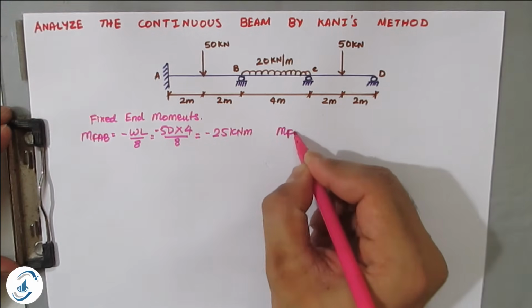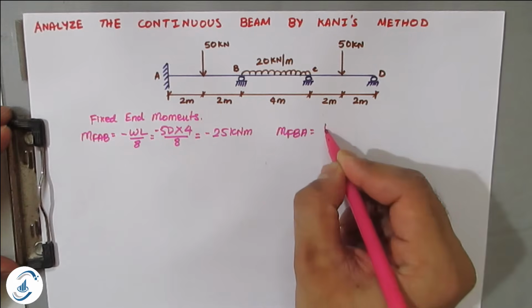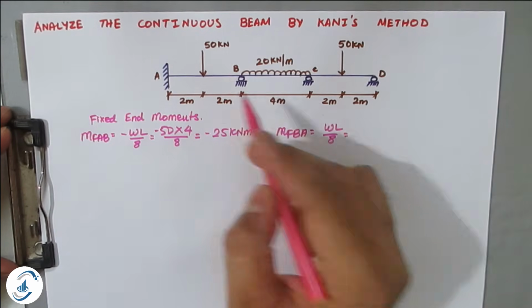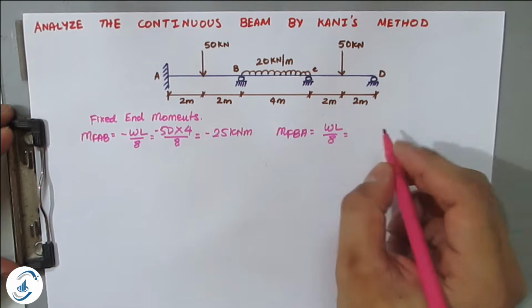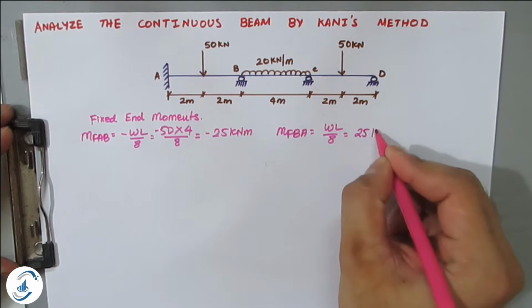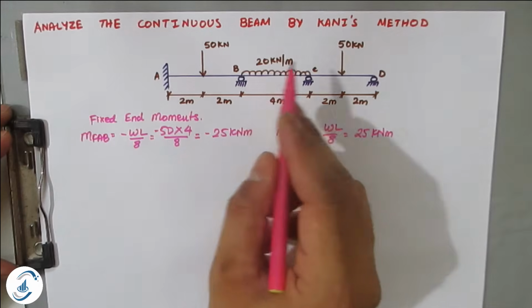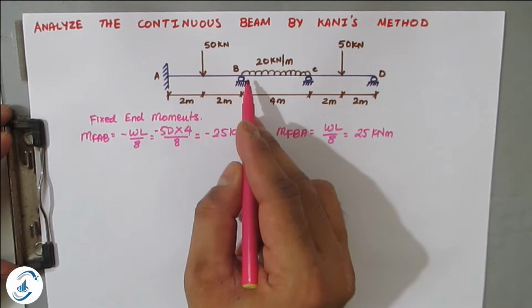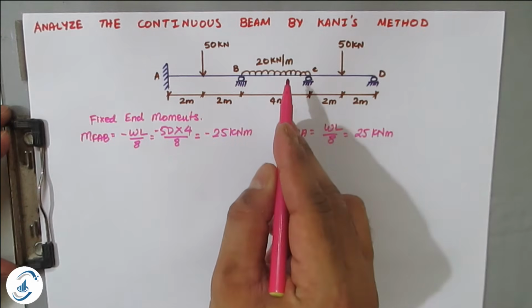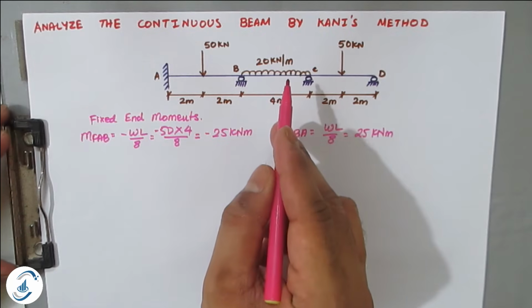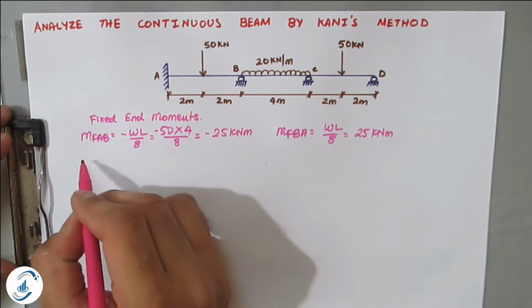Whereas MFBA will be WL by 8. So only this is positive because it is clockwise. So it will become 25 kilonewton meter. Next, MFBC. Again MFBC is anti-clockwise, negative. MFCB will be positive because it is clockwise, and it is UDL, and for UDL the formula is WL square by 12.